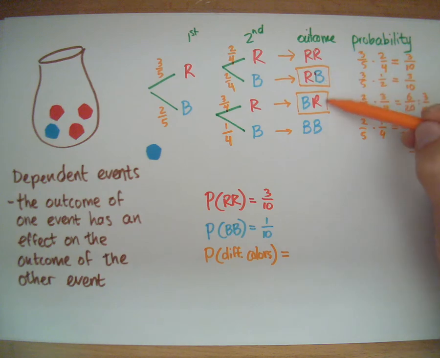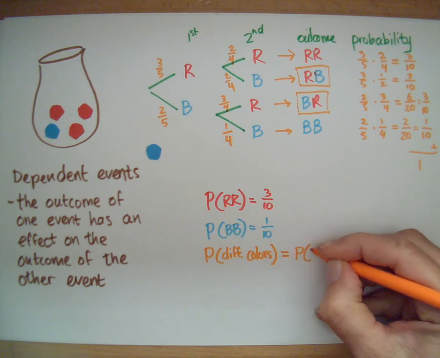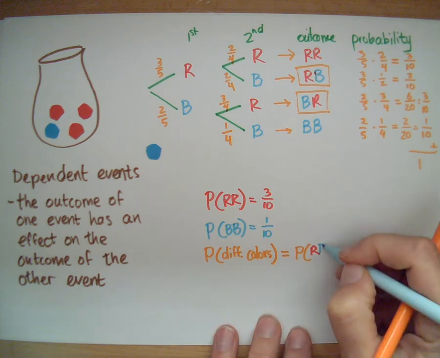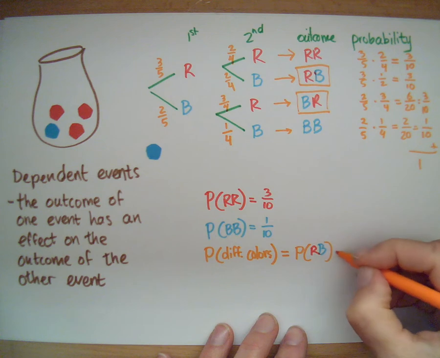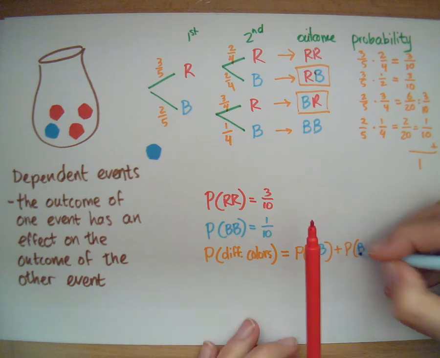So what do we do with these 2 probabilities? We add them. So we're going to add the probability of red, blue to the probability of getting blue, red.